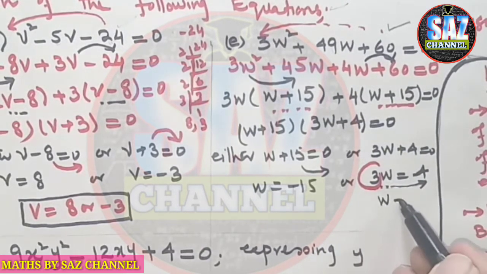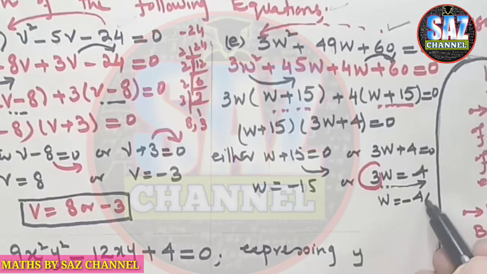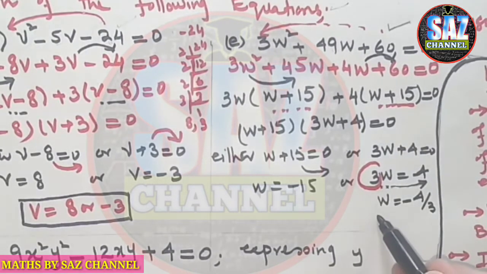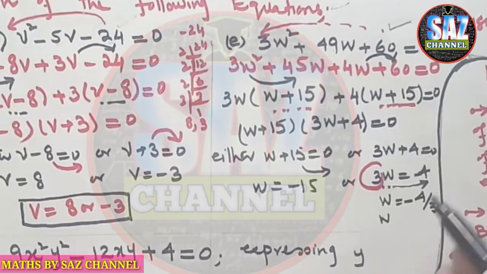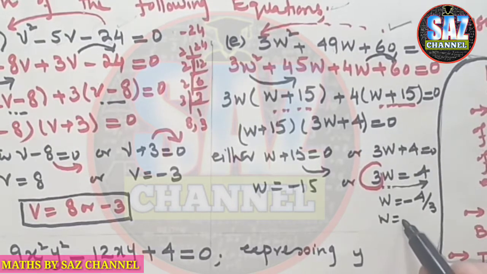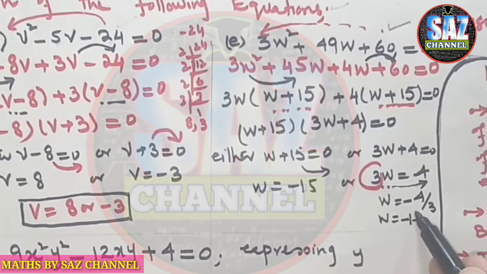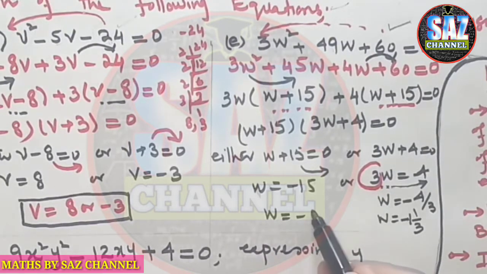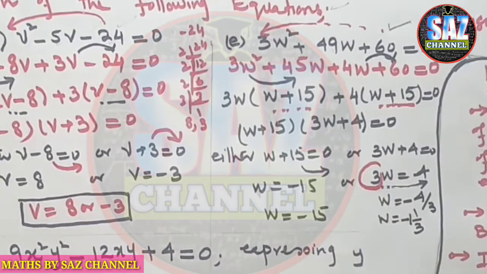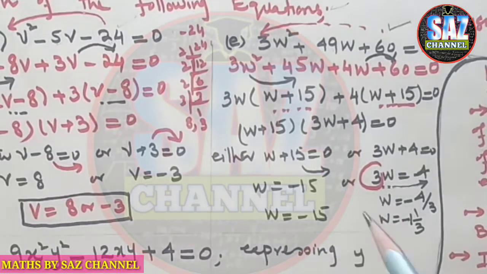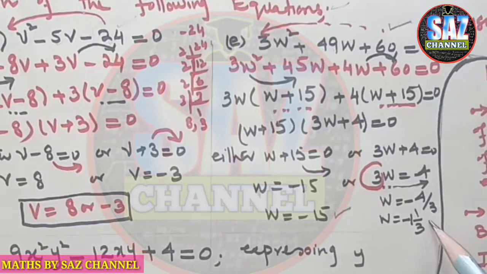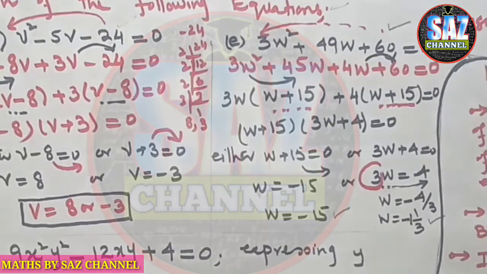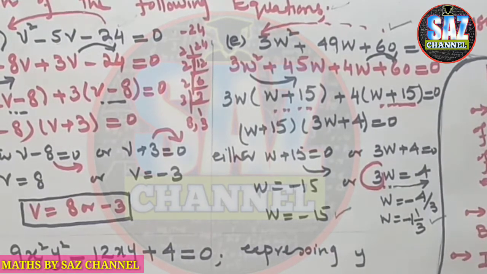It will become w equals minus 4 by 3. As the numerator is larger than the denominator here, express it in the form of a mixed number, minus 1 whole 1 by 3. So the two solutions of this equation are w equals minus 15 and w equals minus 1 whole 1 by 3. I hope you are clear about these questions.